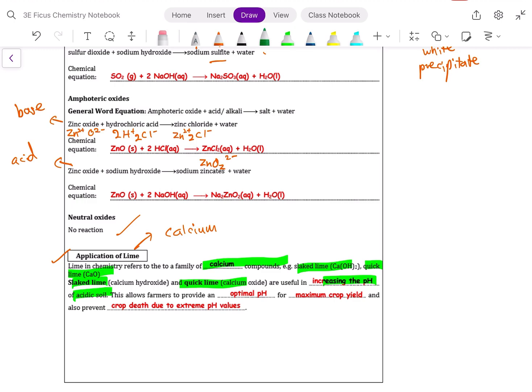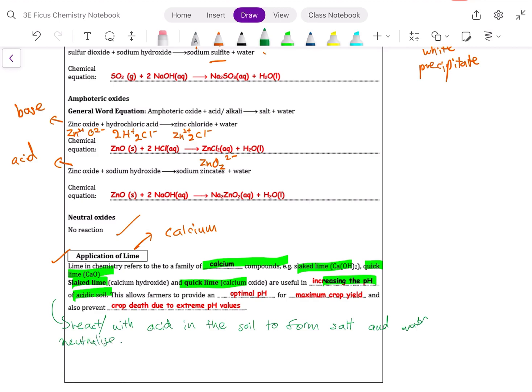Basically it reacts with the acid in the soil to form salt and water, or an even better term to use is neutralize the acid.